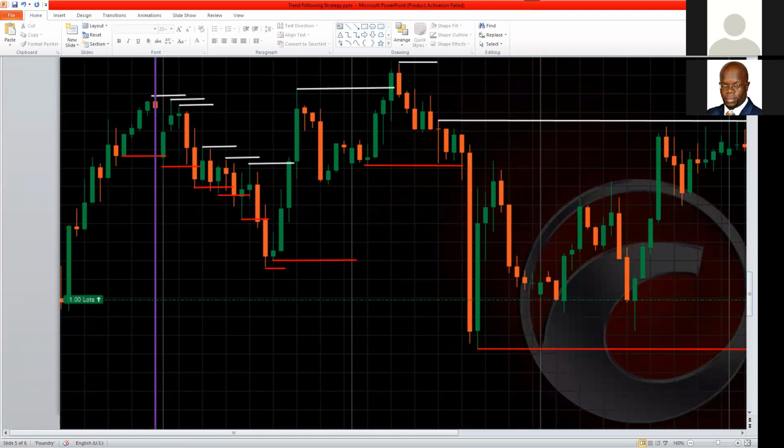I want to share my cTrader. I don't know which platforms you are using, but I will use cTrader for demonstrating what I want to do. It is not different from the other platforms. If you have other platforms, you can still use them, but for this one particularly, I want to use cTrader.